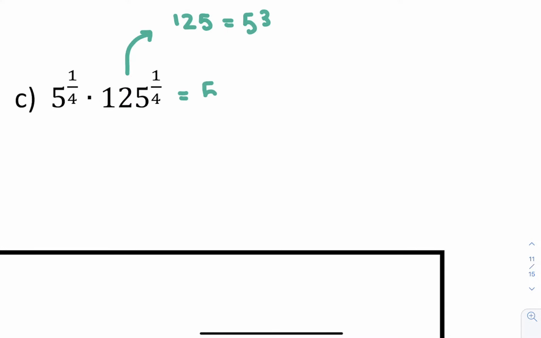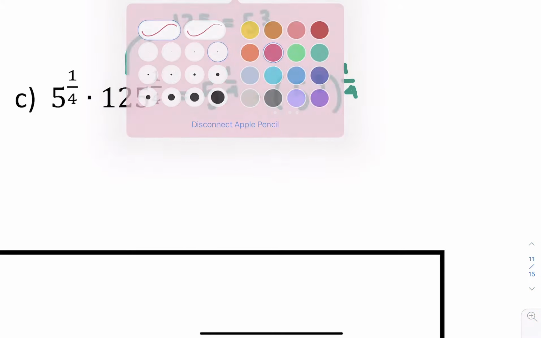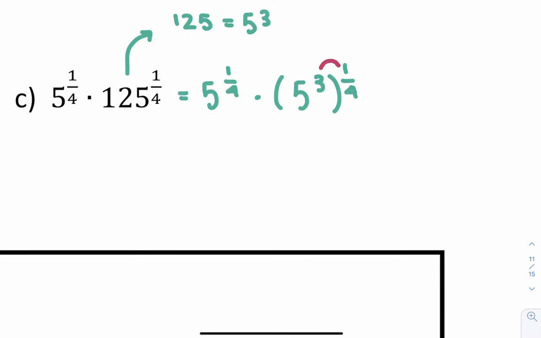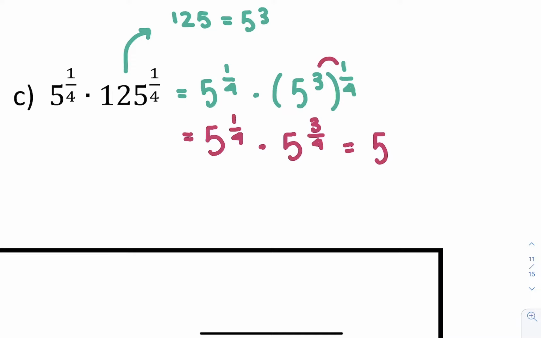So if I write 5 to the 1/4 times 5 cubed to the 1/4, the first thing, if I'm taking a power and raising it to a power, I multiply. So this becomes 5 to the 1/4 times 5 to the 3/4. And now, if I have the same base, I can add the exponents. So 1/4 plus 3/4 is just 1, so it's 5 to the 1st, which ends up being just 5.